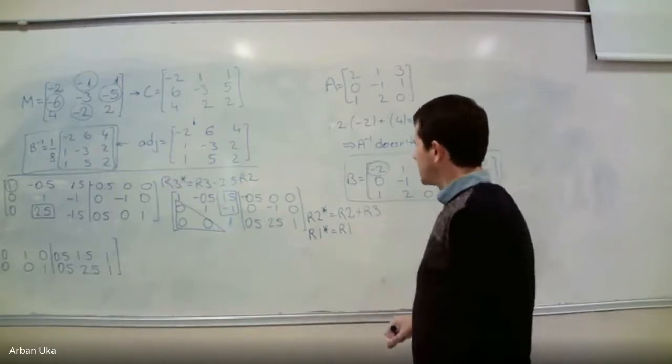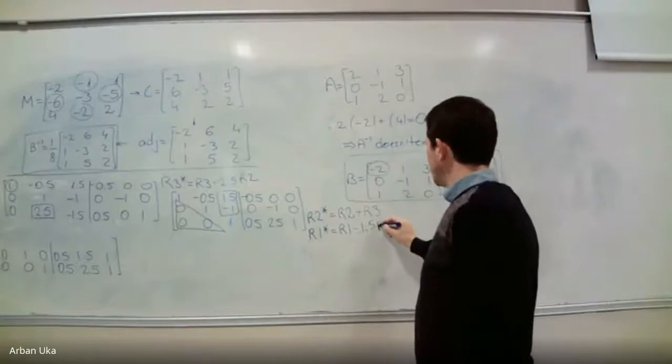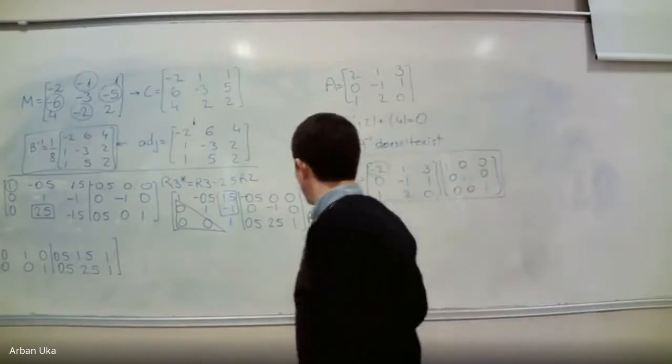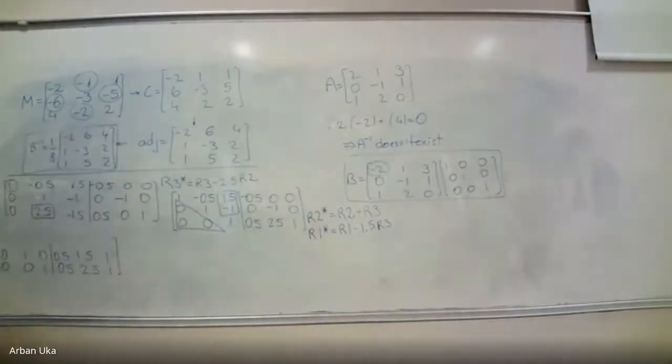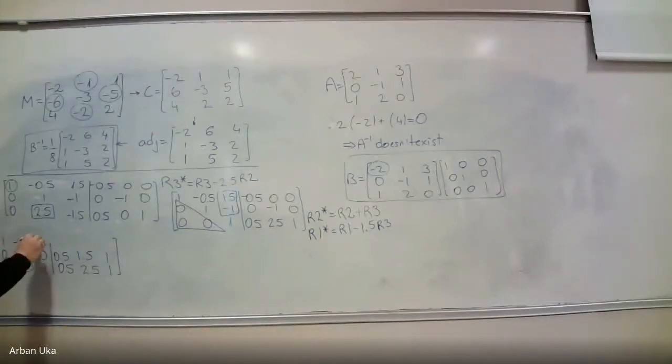Sorry. You said minus 1.5 row 3. Yes, okay, you are right. For a moment, I was reading something wrong. So this means that row 1 minus 1.5 row 3. So this is 1. Then we have 0.5. Sorry, minus 0.5. This remains the same. Minus 0.5. Then we get 0.